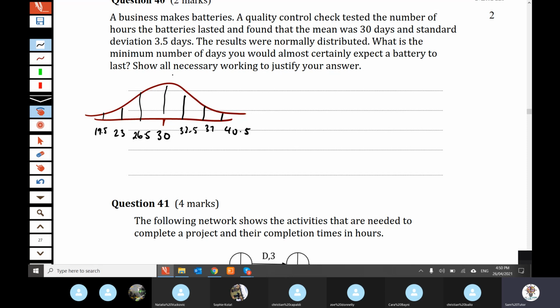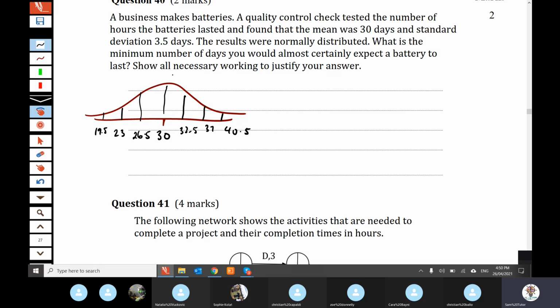What is the minimum number of days you would almost certainly expect a battery to last? I've got an answer in my head. I'm just going to make sure it's right, and then I'll check back with you guys.